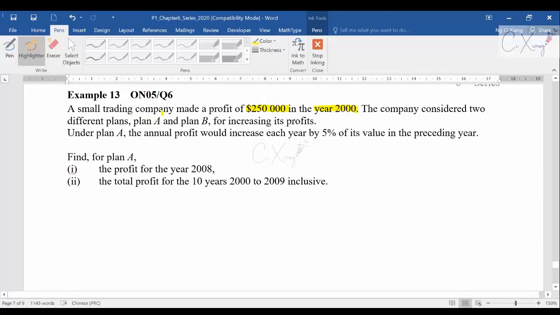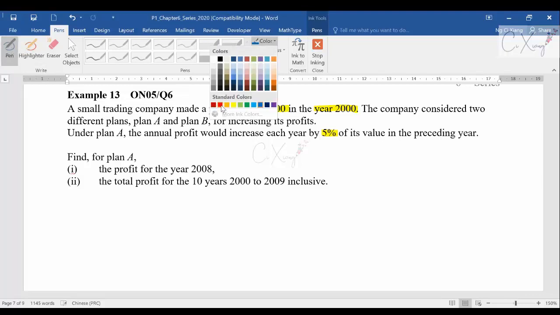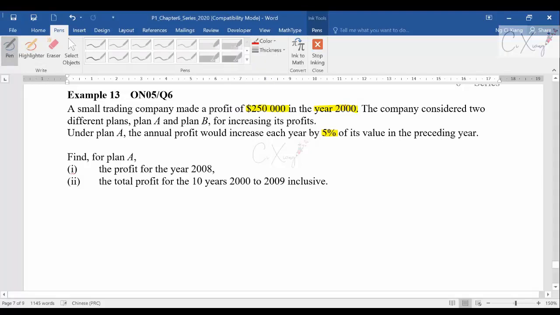Under Plan A, the annual profit will increase each year by 5% of its value in the preceding year. They want to find for Plan A the profit for the year 2008. When you need to solve this kind of question that involves years, usually I will want you to set out the question first.